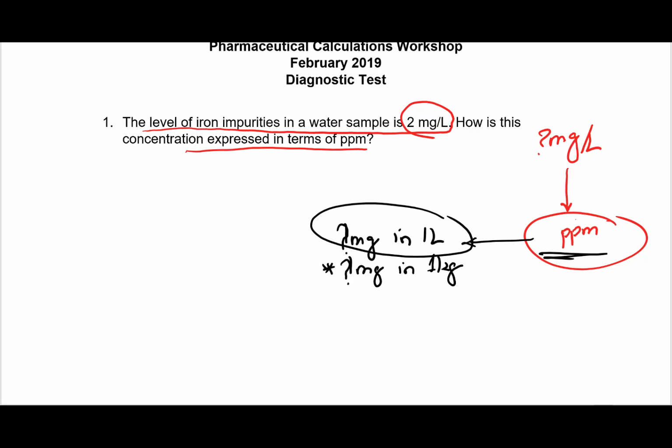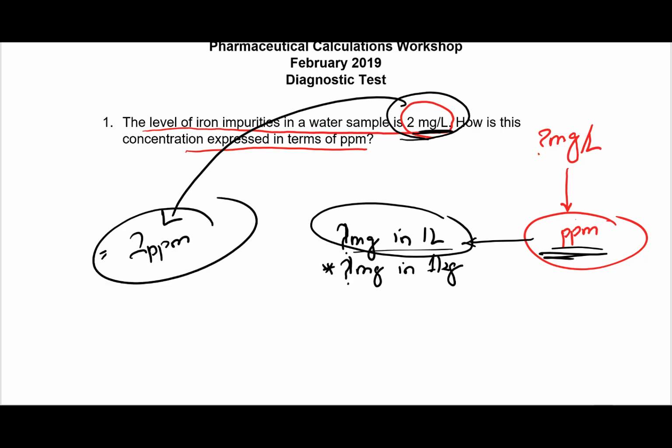Now if you look at the concentration which is given, it's already given as milligrams per liter. So we know that 2 milligrams is present in 1 liter, and parts per million is the number of milligrams present in a liter. So 2 milligrams per liter is the same as 2 ppm. So that's the answer.